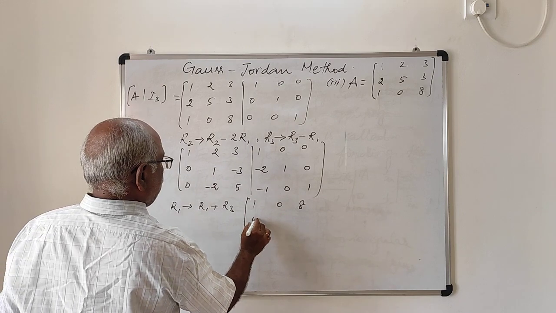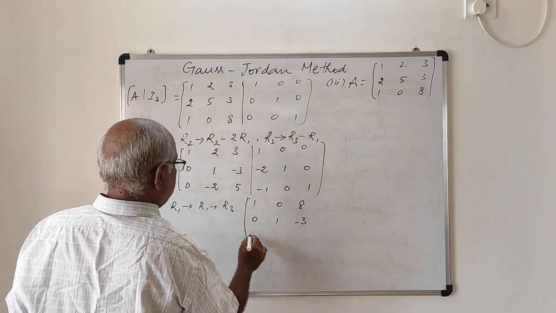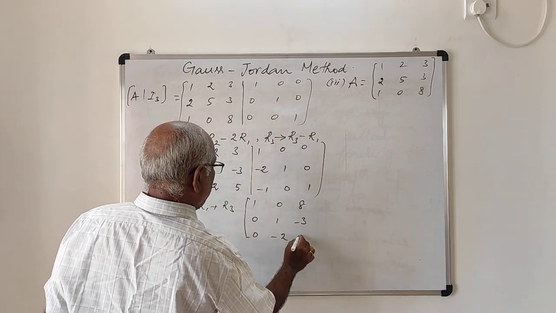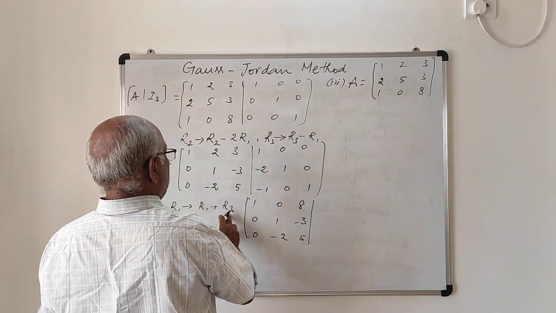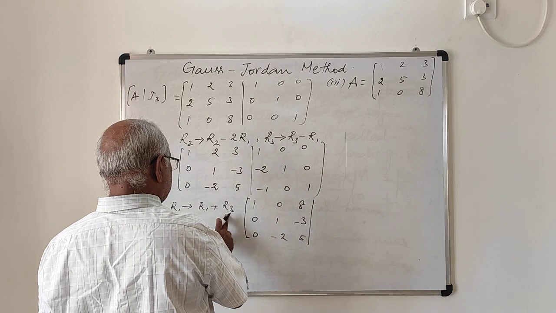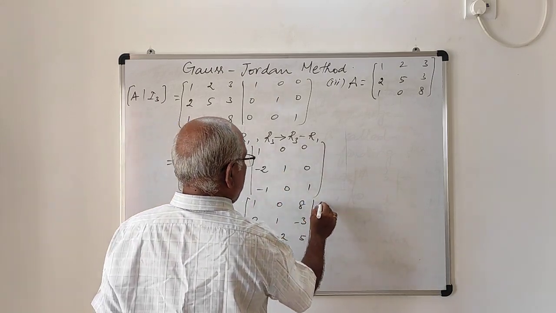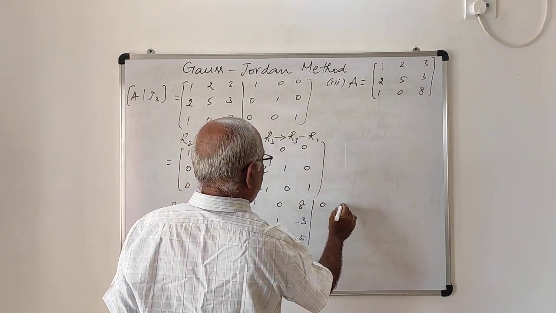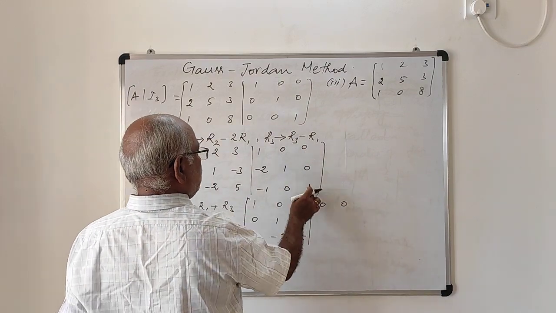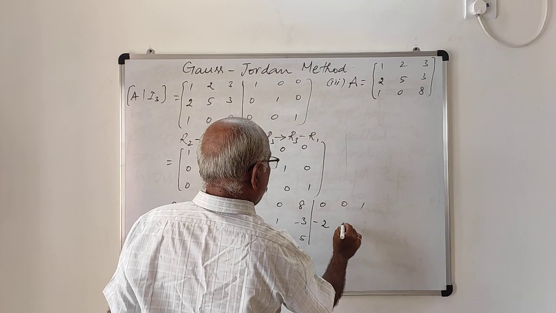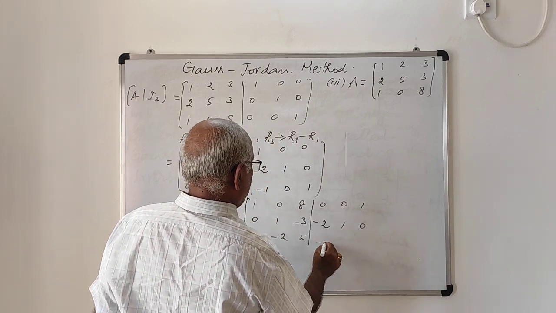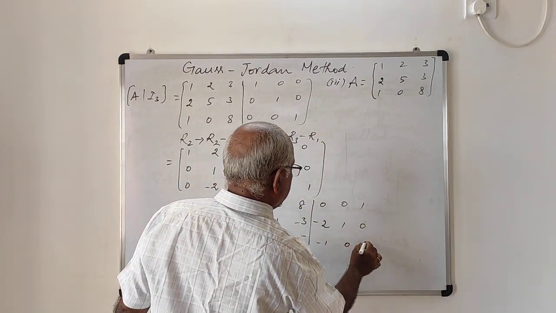And the second row 0, 1, minus 3 as it is, and 0, minus 2, 5 as it is. Here R1 is R1 plus R3: 1 minus 1, 0. 0 plus 0, 0. 0 plus 1, 1. Minus 2, 1, 0. Minus 1, 0, 1. I write as it is.